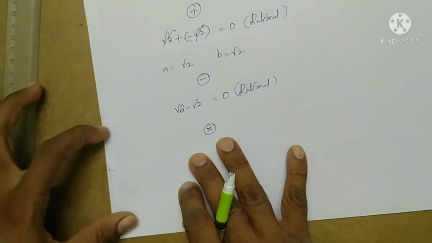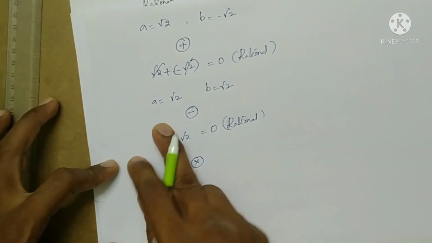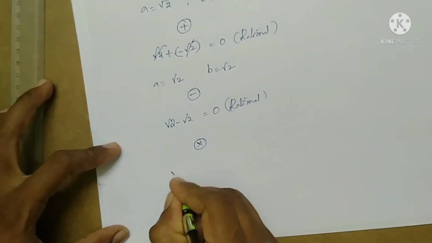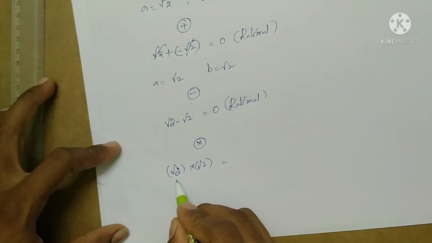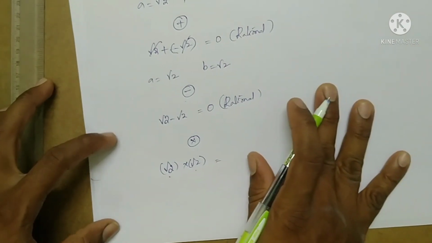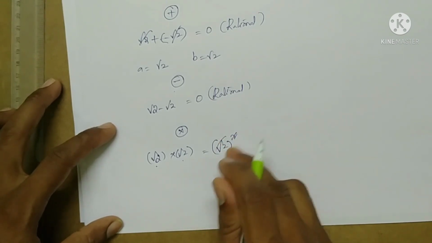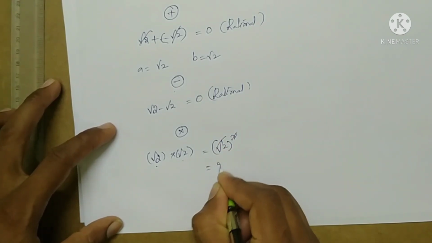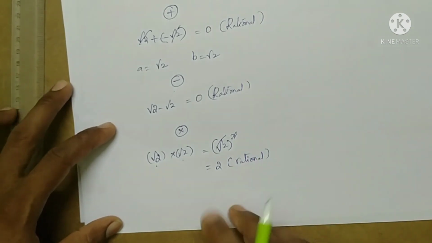Let us check our third operation. a is equals to root 2, b is also root 2. Root 2 into root 2 is root 2 whole square, so the square root cancels, result is 2. It is also a rational number.